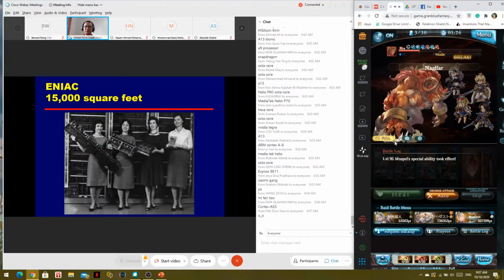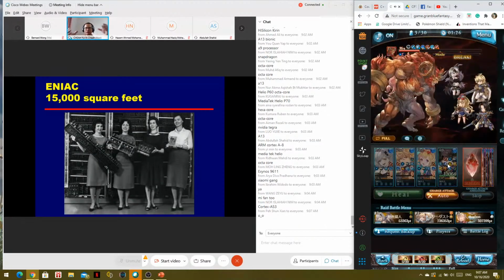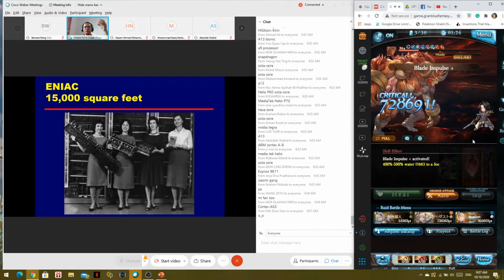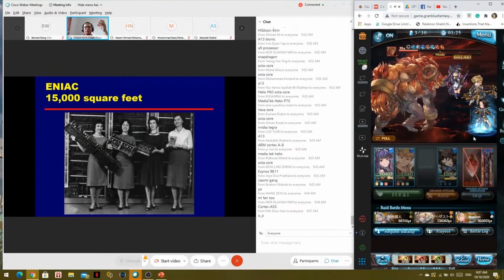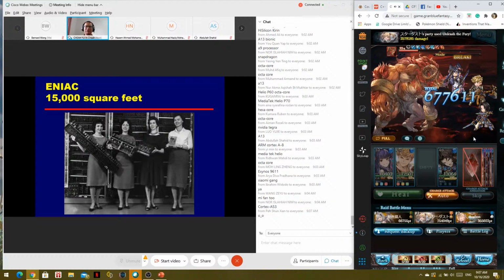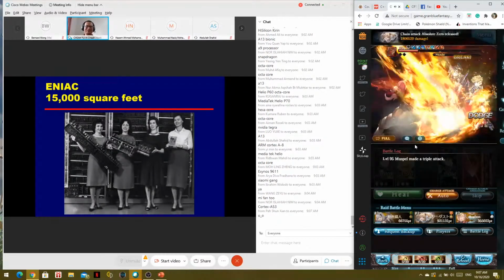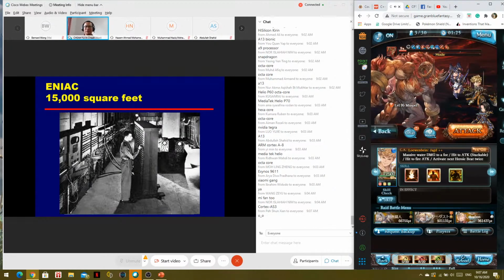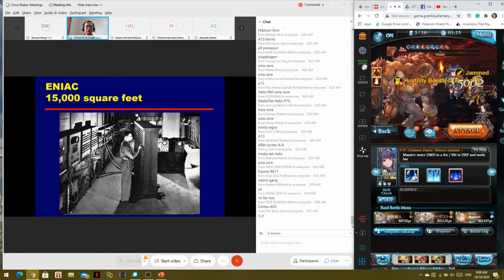And the ladies here are holding different components, different parts of the vacuum tubes. Maybe it's the accumulator or something like that. So it's everything in giant sizes. Okay, yeah, this is an operator checking through the machine.